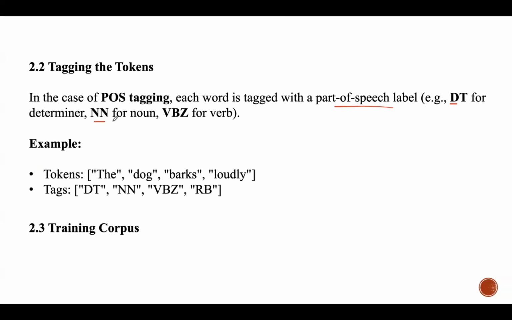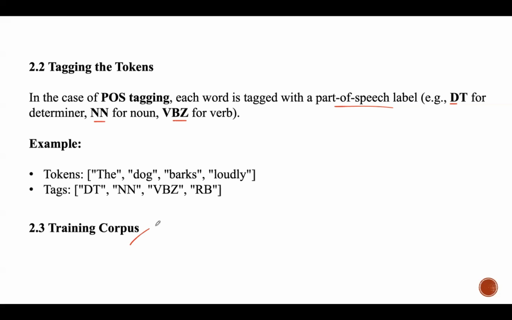NN will be assigned for noun. VBZ will be assigned for verb. So take the sentence example, tokens: the dog barks loudly. For every token, tags will be assigned like this: determiner, noun, verb, and then adverb.